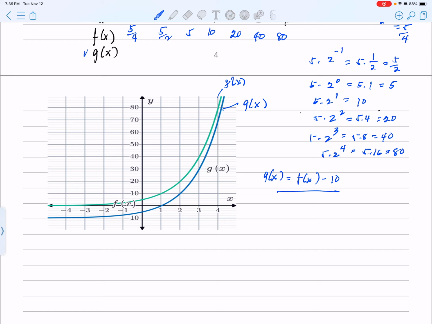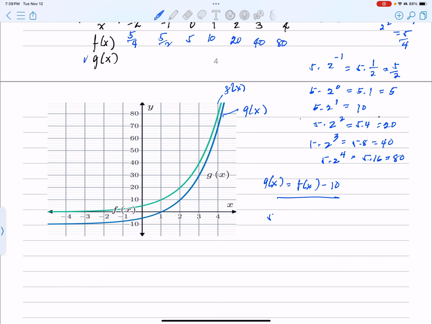Okay, subtract 10. For g of x, let's use 5 over 4 minus 10. How would we transform 10 into a fraction? That would be 10 times 4 over 4, which is 40 over 4. So 5 minus 40 over 4 is negative 35 over 4.